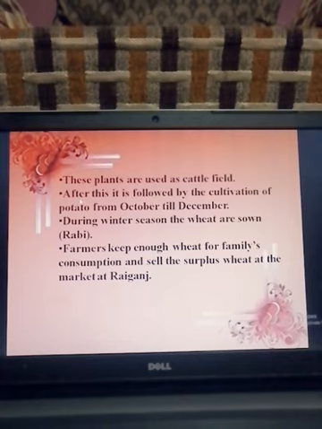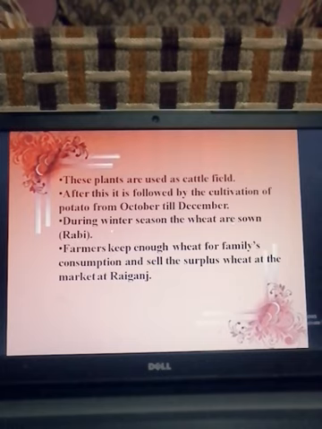Then after the rainy season, from October till December, potato is cultivated. It means in the same year they are growing another crop. After bajra and jowar, potato is grown, and then during the winter season wheat is sown, and that is called a rabi crop.